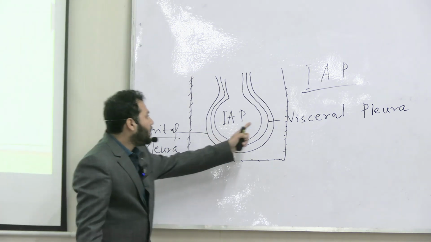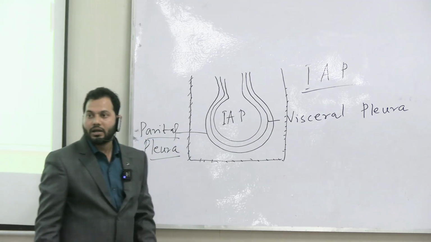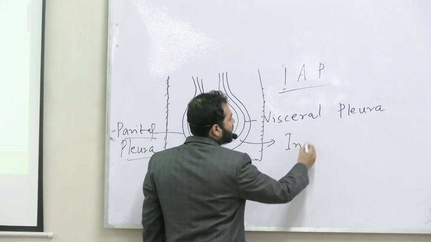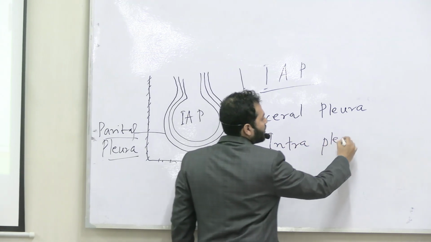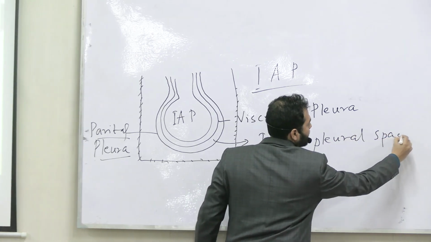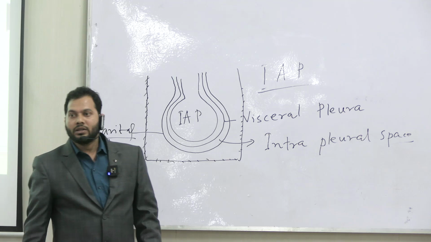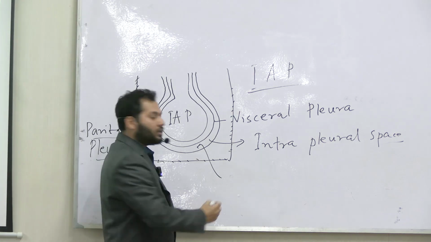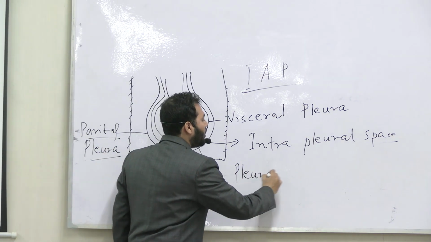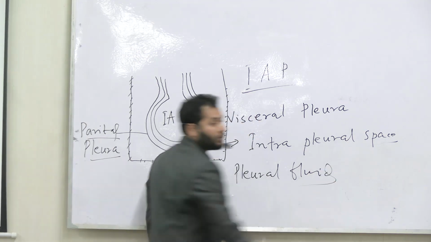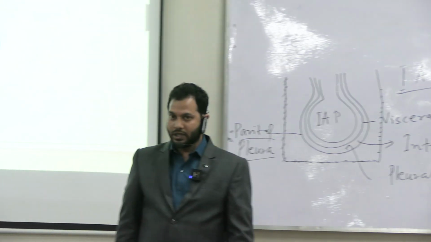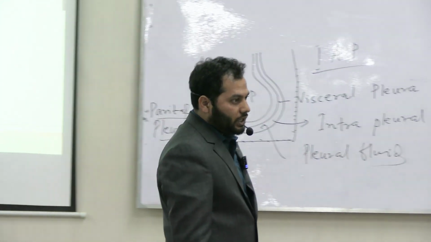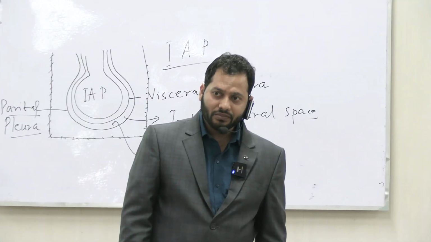In between visceral and parietal pleura, there is a space. This is called intrapleural space, right? This intrapleural space is filled with some fluid, that is called pleural fluid. This pleural fluid is very essential to perform both inspiration and expiration.